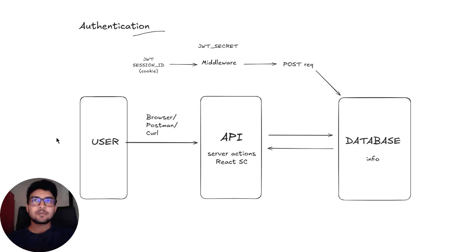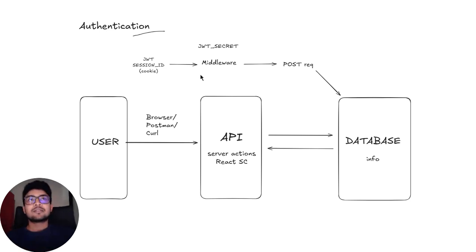Here's how it works: when a user logs in, they get a key, and this could be a JSON Web Token, or JWT, or a session ID which is stored in a cookie. This key is like their VIP pass to get in every time they interact with your backend, and they will show this pass and they can get in.